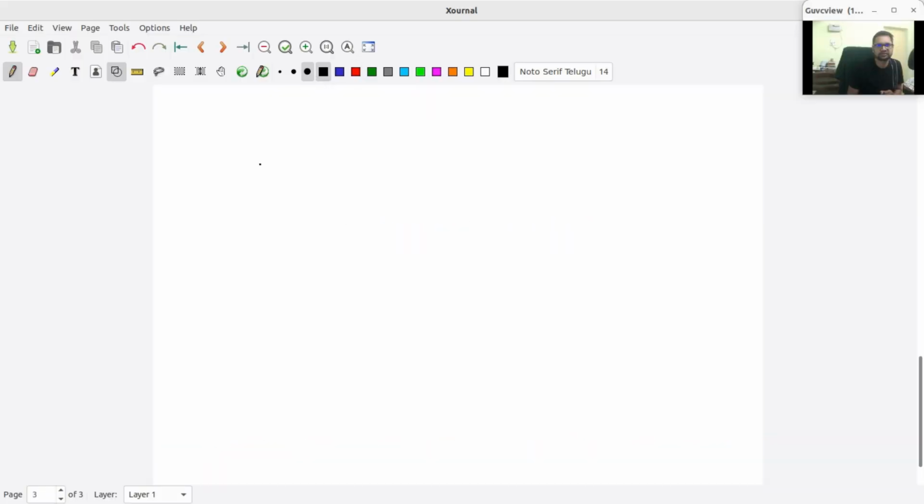The most commonly known coordinate system is the Cartesian coordinate system, where you have x, y and z axes, where i cap is the unit vector along the x-axis, j cap is the unit vector along the y-axis, and k cap is the unit vector along the z-axis. So i, j and k form a unit vector triad.